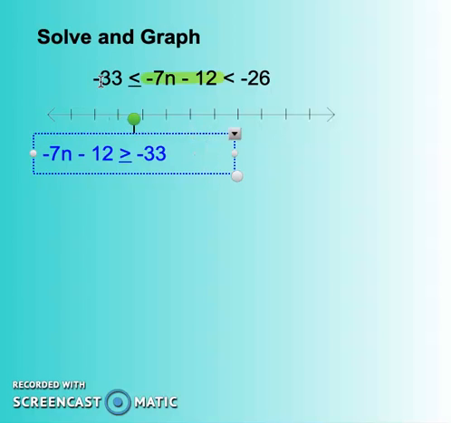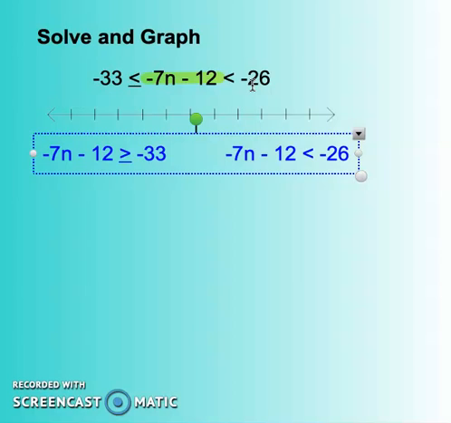Okay, and then on this side, I'm going to do the same thing. I'm going to do -7n minus 12, but this time the point faces the center expression, and the mouth faces the -26. So the point faces the center, and the mouth faces the -26.